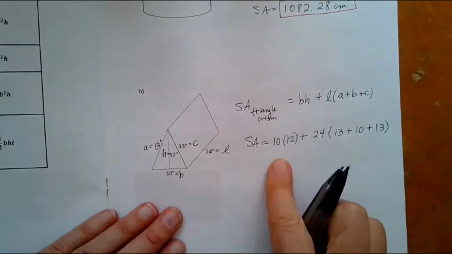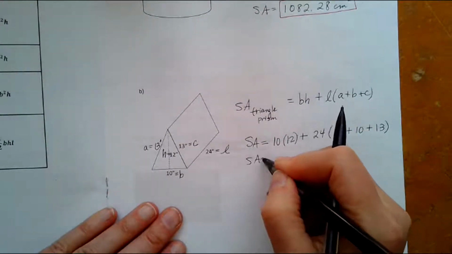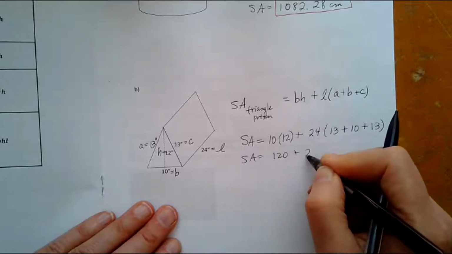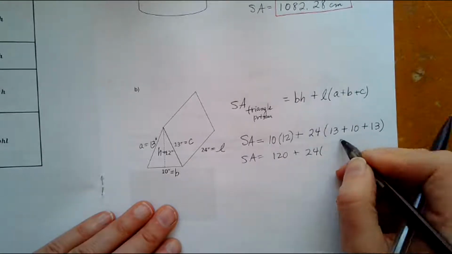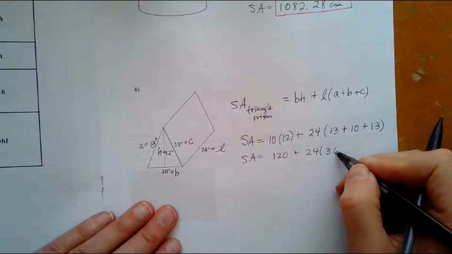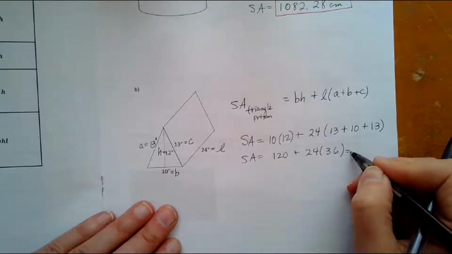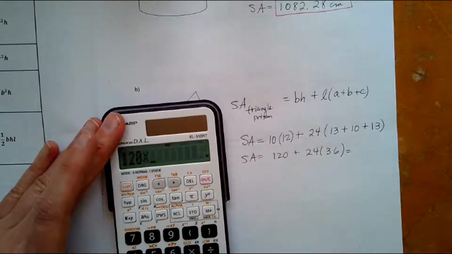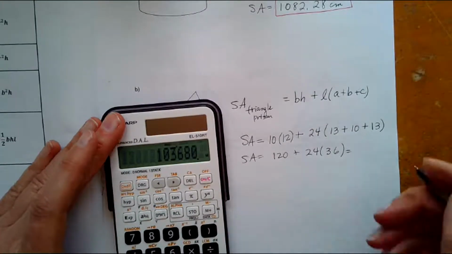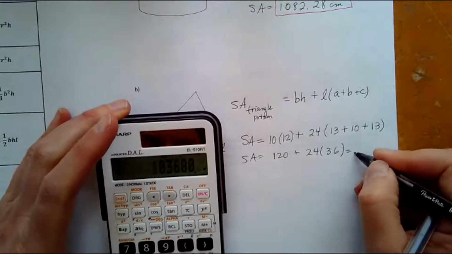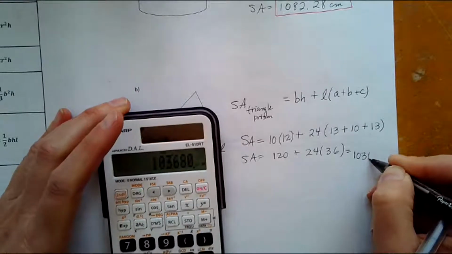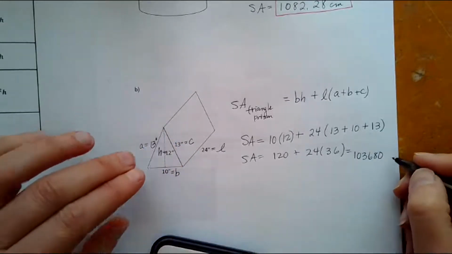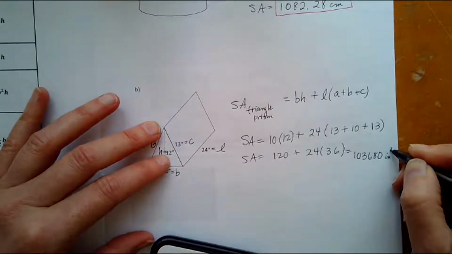All right, you can do all this in your calculator, but I think I might do a little bit of simplifying first. I think I would add these 3 up anyway, so that should be 36. Okay, so finally I can do this, and I get 103,680 inches squared.